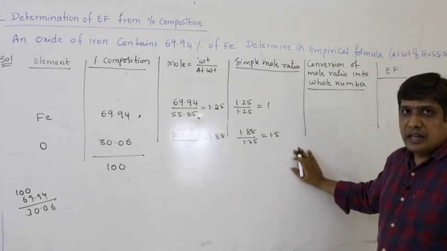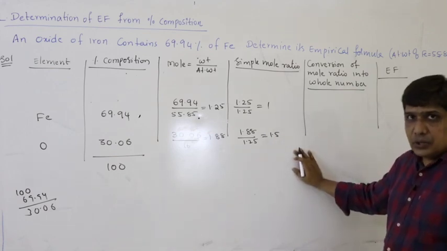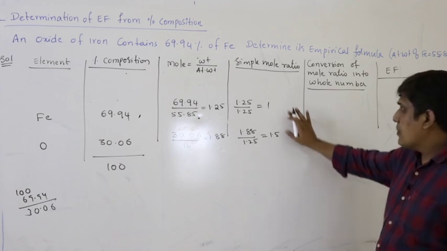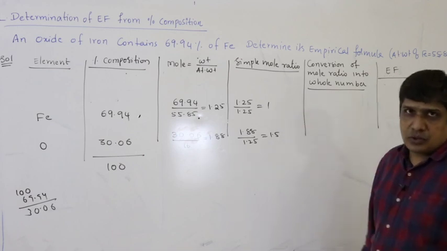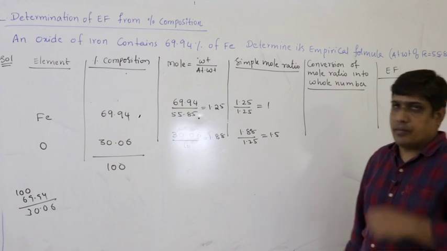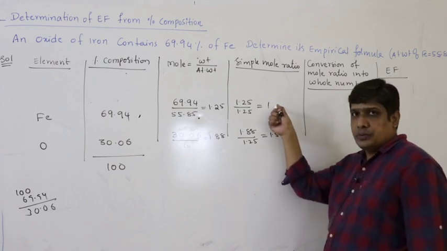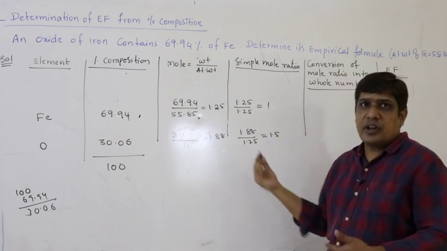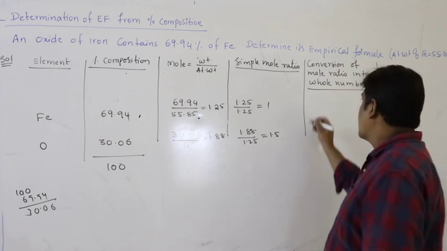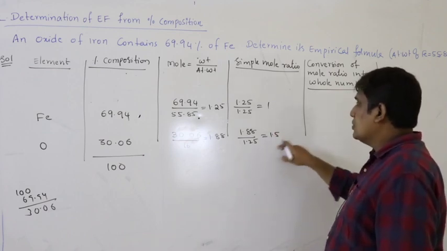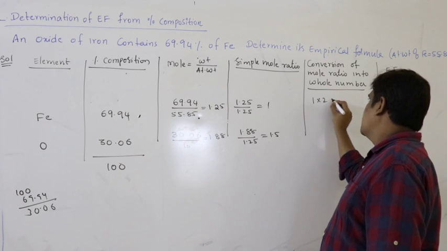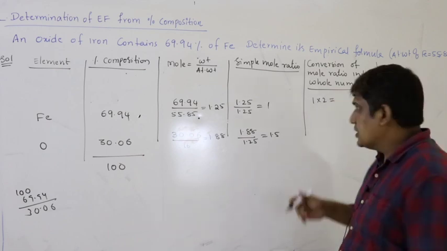Convert these fractions into the nearest whole number. If I multiply with 1, I will get the same thing, so no use. I have to get a whole number. I will multiply this with 2. 2 into 1.5, you will get 3. So converting this fraction into a whole number, multiply with 2, starting with 1, 2, 3, like that you have to try.